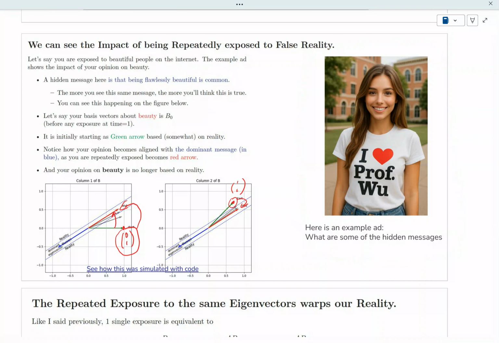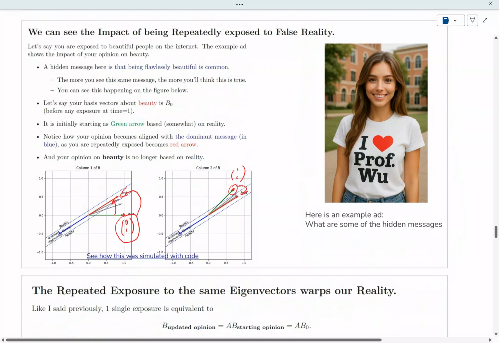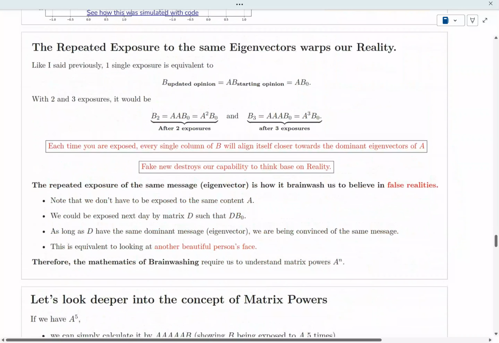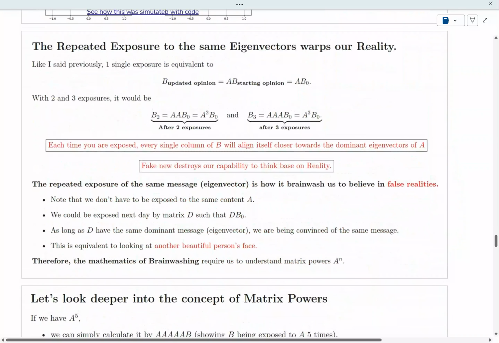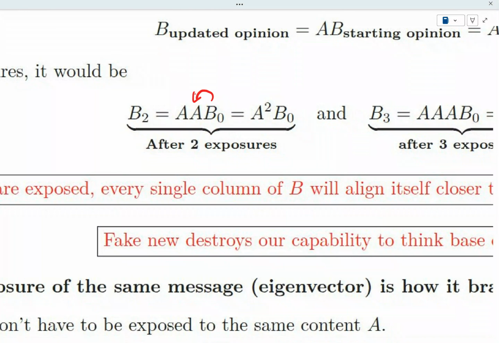So this repeated exposure is essentially how we can change a person's opinion. Let's say you have two exposures, right? You start with opinion b0, and then you got exposed twice, boom, boom, and you got b2. Another way to write this is, instead of writing A twice, it's A squared.